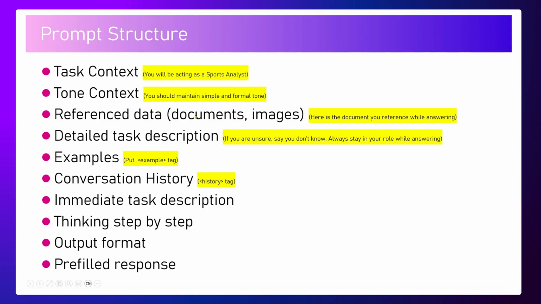Then there is reference data, because the agent doesn't know anything. You are just asking for some input, but the agent needs to be provided with some sort of context, and the context can be provided as a knowledge source in the form of a document, an image, or a website. You can tell the agent, refer to the ABCD website and extract information from there. That's how you reference the data. Then we have a detailed task description.